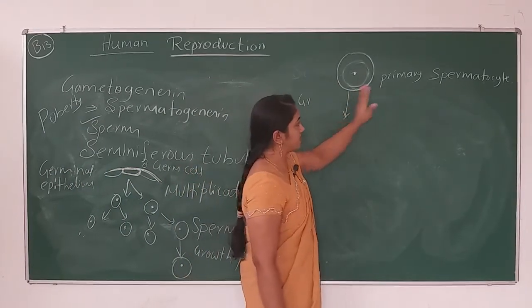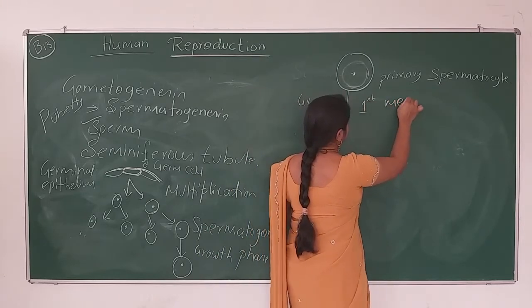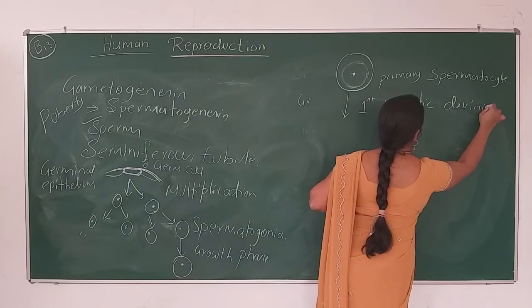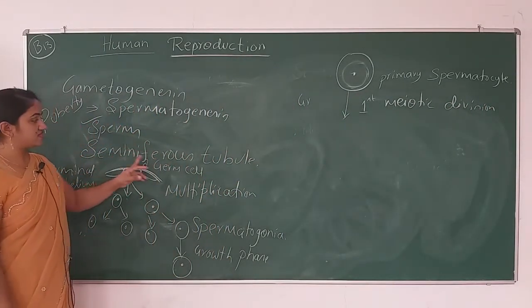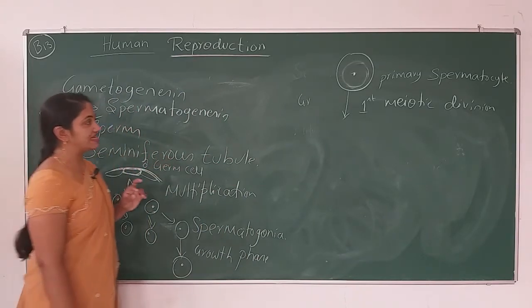Now, this primary spermatocyte takes the first meiotic division. This all happens in the seminiferous tubule; through the seminiferous tubule, the sperms are released.